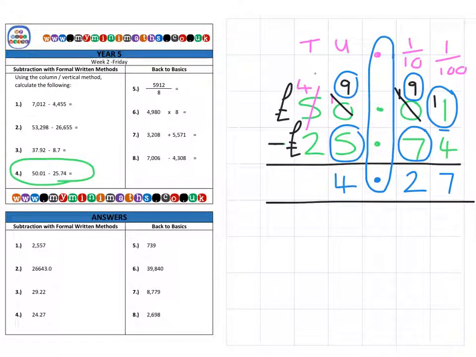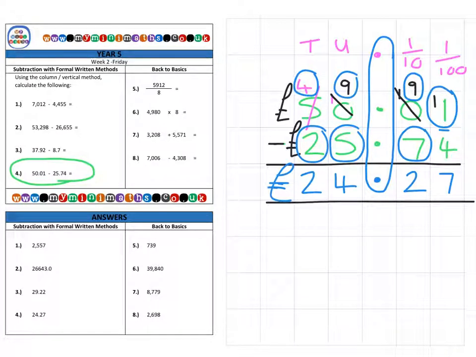And then finally, we have 4 tens subtract 2 tens, which is 2 tens, for a final answer of 24.27. And of course, we always look at it from a money perspective. So £24.27.